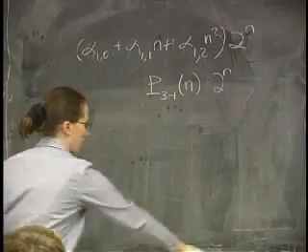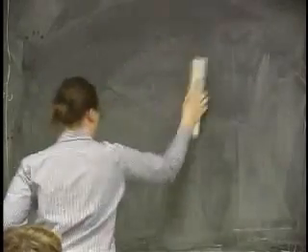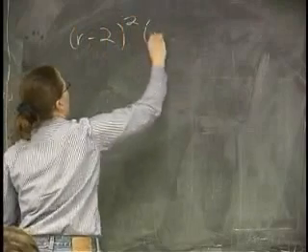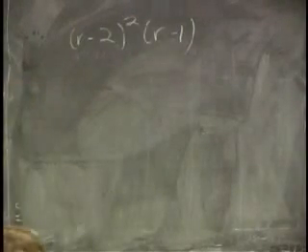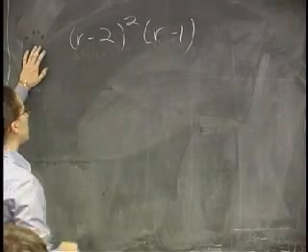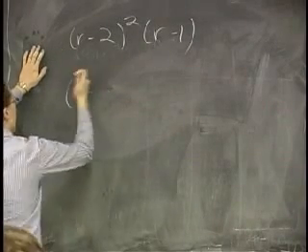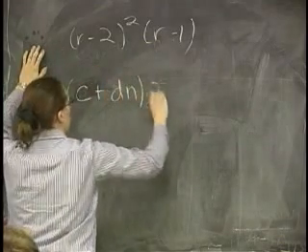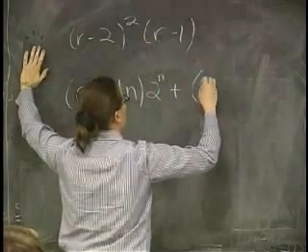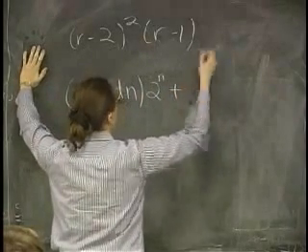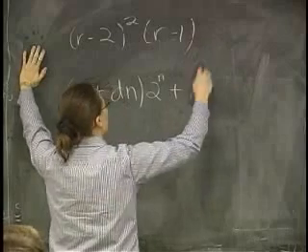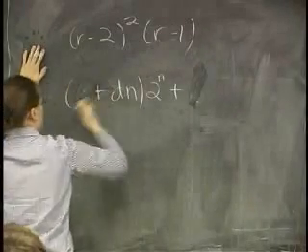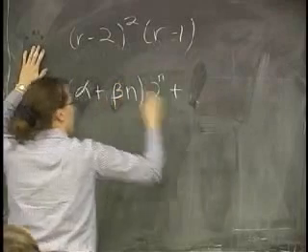So let's do something slightly prettier. Let's say we have r minus 2 squared times r minus 1. This is Joe's example, and this is probably the worst we'll see it. So what's going on here is I have to write something like c plus dn times 2 to the n plus, I can't use e now, times n.